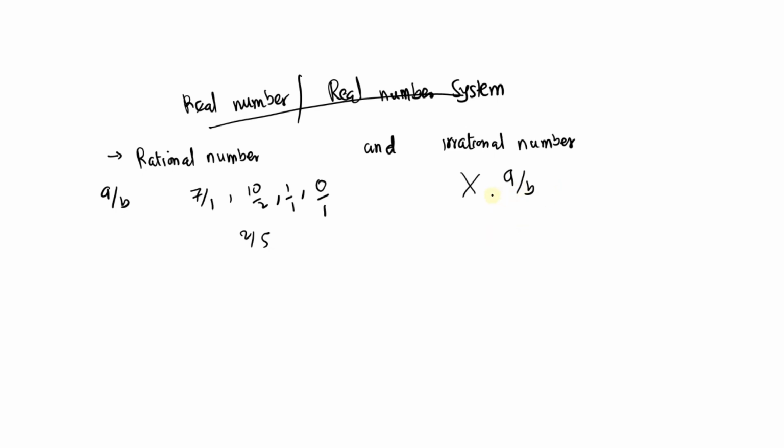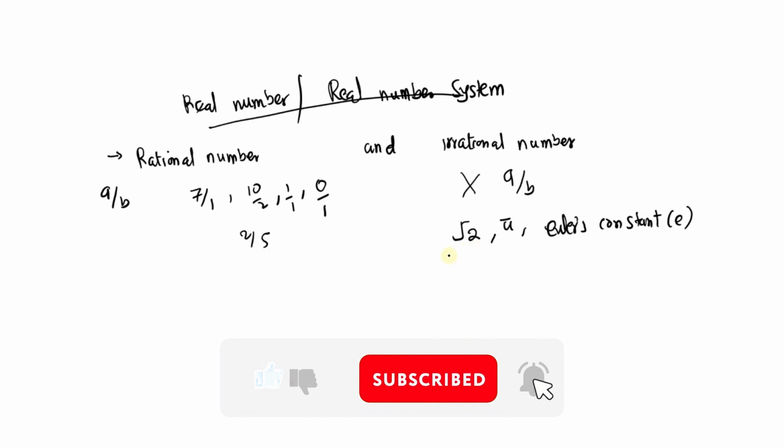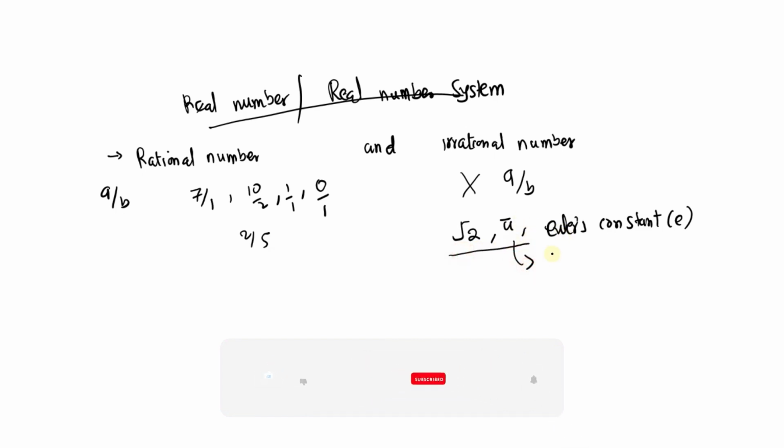Some of these numbers are, let's say, square root of 2, pi, and Euler's constant. We know that pi is 3.142 and continues. All these numbers, you cannot write in the form A over B. So they are irrational numbers.